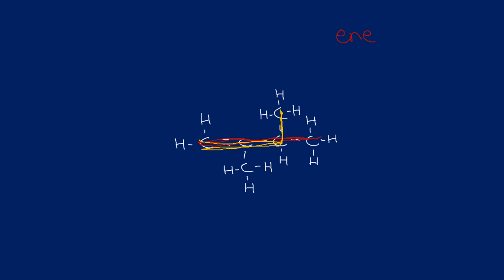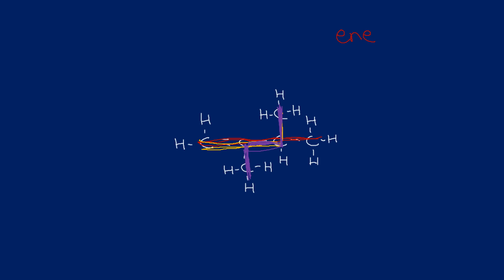There's also one other possibility, which is this way. Whoops, wrong colour. Let me change that colour. So we could go this way. There we go. So there's 3 possible 4 carbon chains there.